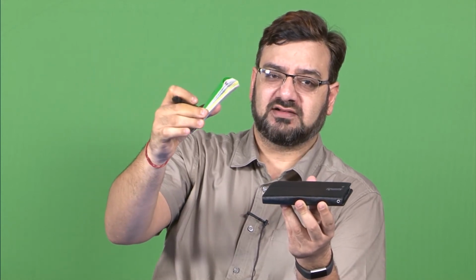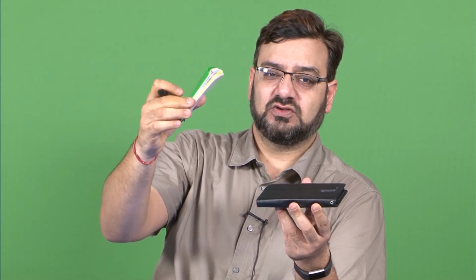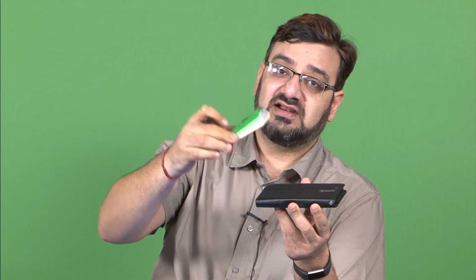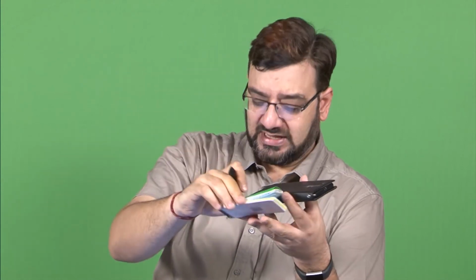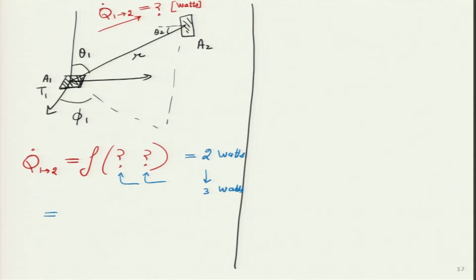One thing I can do is, I can bring it closer over here, and I think all students will immediately recognize, if I bring it closer, then more energy is going to hit this particular surface, which means the first variable I am going to write in my fraction over here is, it will depend on this radius r, isn't it? What is the other thing it can depend on?